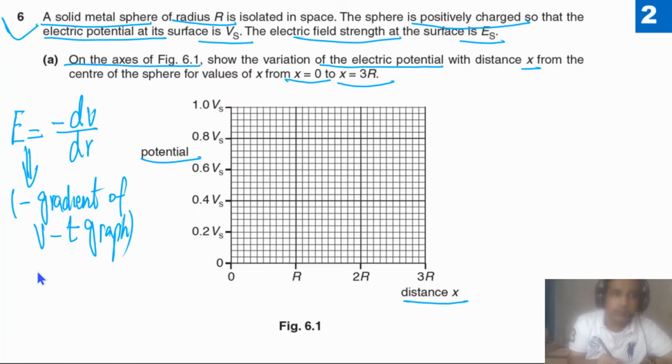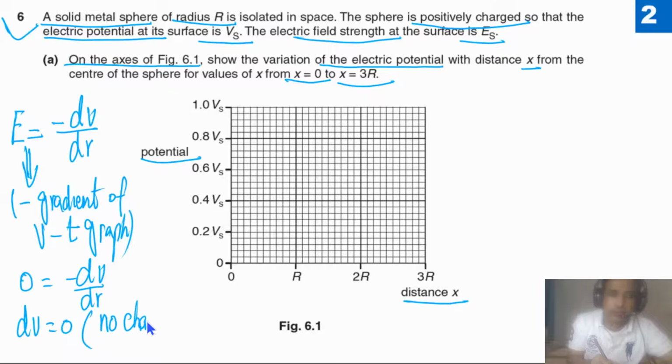If E is equal to 0, then dV is also equal to 0. It simply means no change in potential, or delta V is equal to 0. Potential remains constant if electric field is 0.